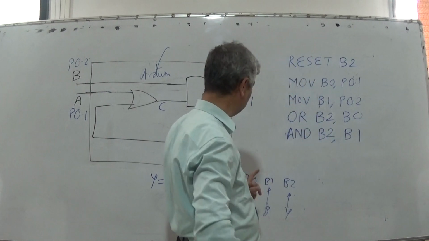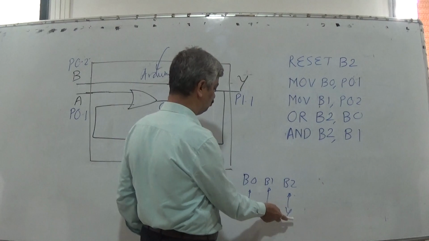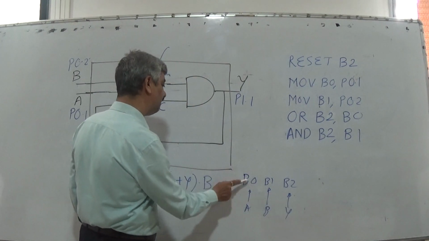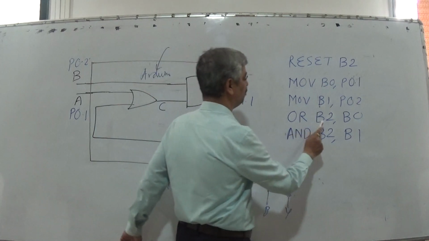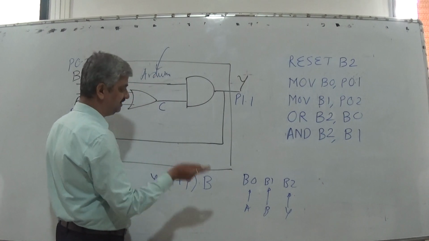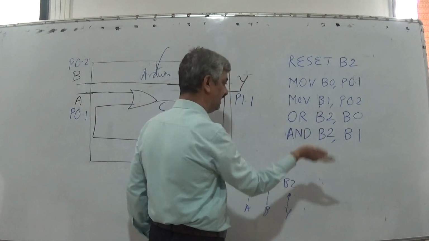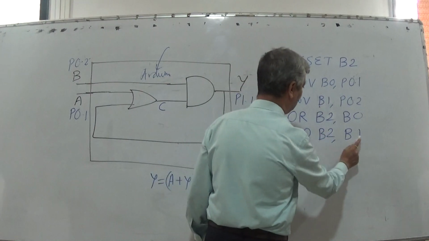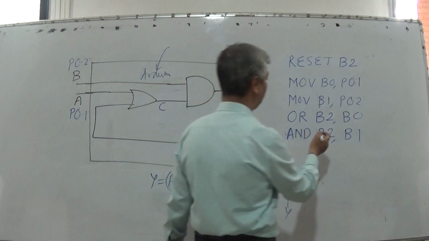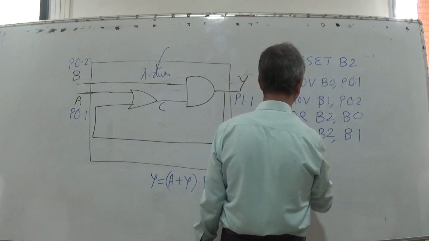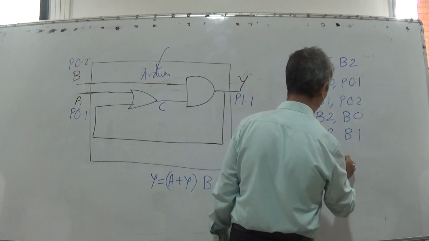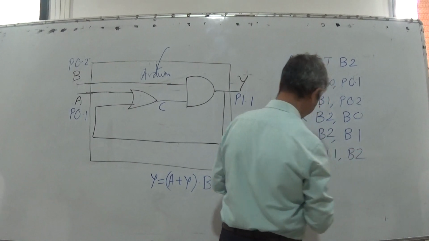I want B2 to be the AND of B1 and the ORing of B0 and B2. So this is OR B2 B0, which is A plus Y, and the result is stored in B2 itself. Then it is ANDed with B2 and B1. So this will be Y, and I will have move Y, which is output port 1 pin 1, comma B2.